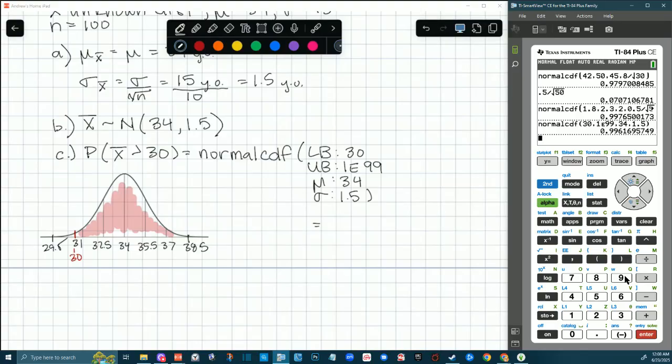We get that this probability is equal to 0.9962 or 99.62%. So if I collect a random sample of 100 iPad users, there is a 99.62% chance that the average age of that group of 100 is 30 years old or older.